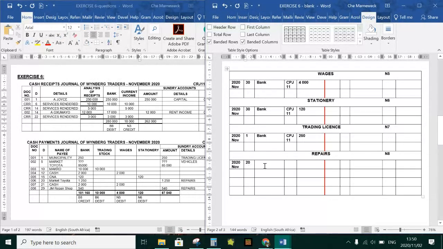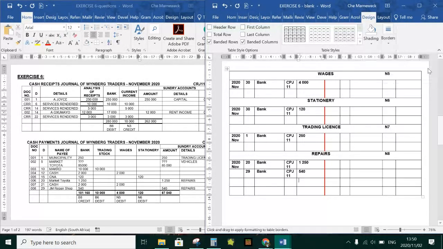So let's say 20, bank, CPJ 11, 1,250. And then we have on day 29, bank, CPJ 11, and it is 540.